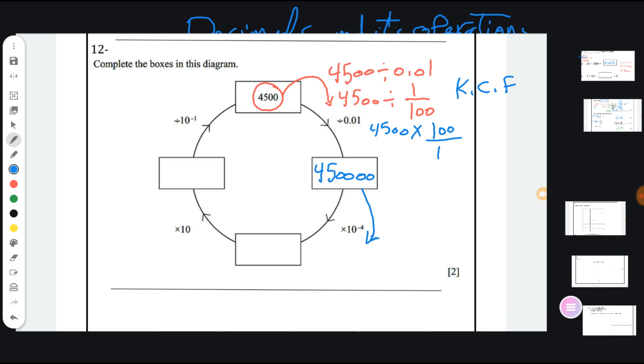Okay, let's multiply. 4,500 multiplied by 10 to the power negative 4.